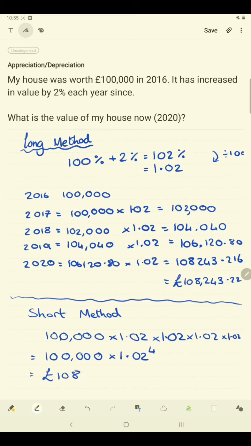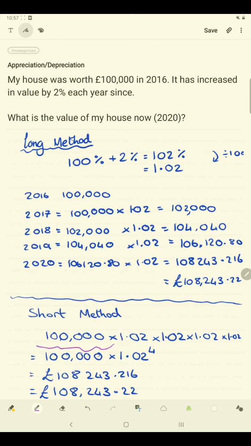And you would get the same answer out of, 108,243.212, and then you would round it. 108,243.2.